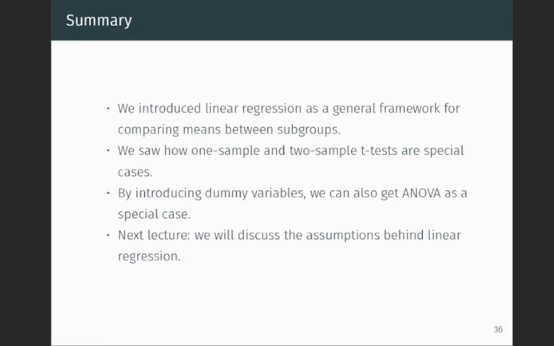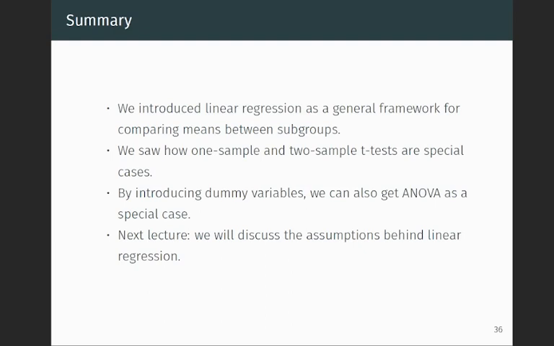Okay, so that's it for the review of linear regression. In this slide deck, we introduced linear regression as a general framework for comparing means between subgroups. That's the idea you should keep in mind. That's what linear regression is about. And we saw how one sample and two sample t-tests are just special cases of linear regression.